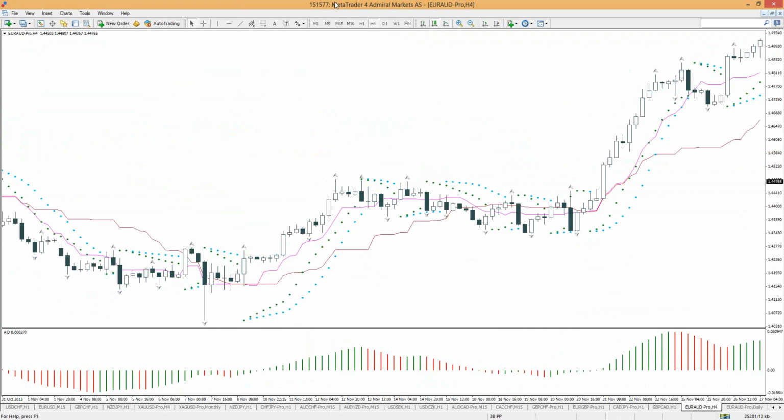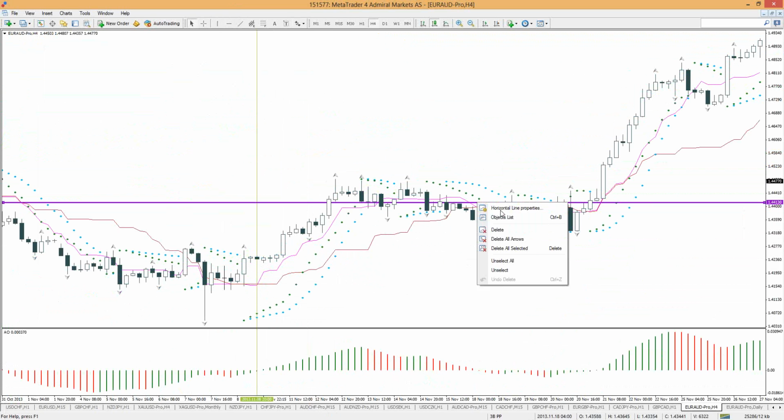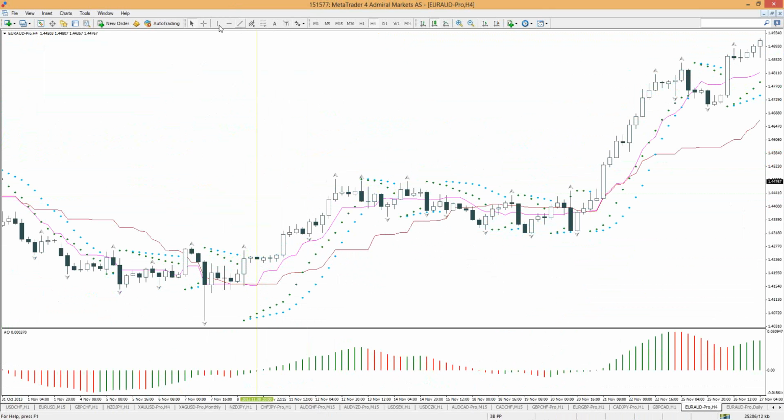So in this case, let me mark the lines. As soon as price crosses here, it's an uptrend. The Tenkan crosses the Kijun, it's an uptrend. And as soon as the Tenkan crosses back below the Kijun, which happens here, it's a downtrend again. Then we get a cross again here, it's an uptrend.